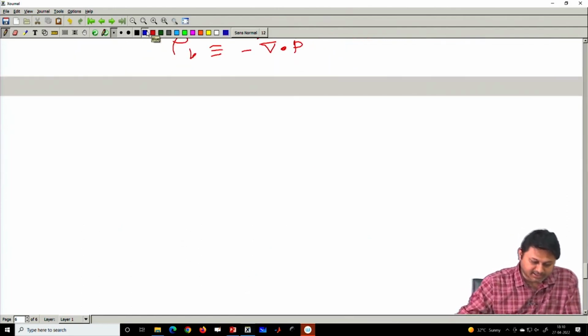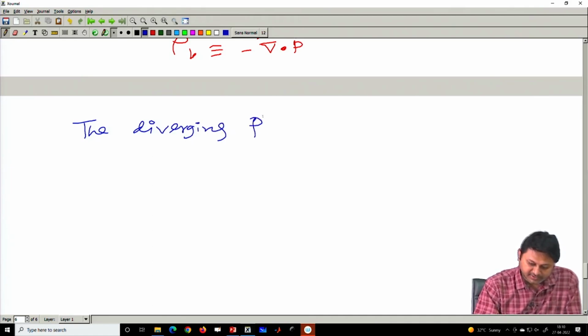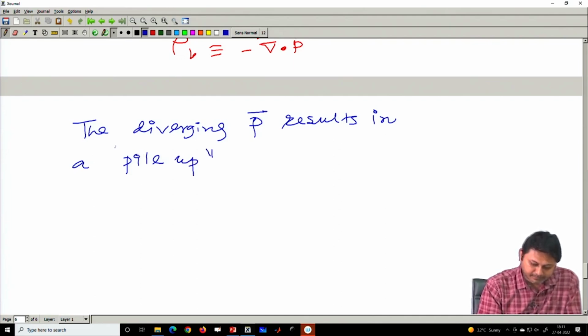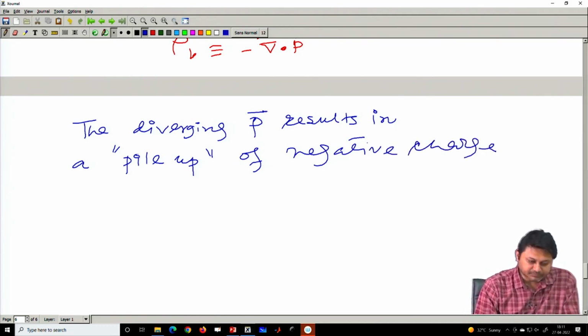So, what we are getting here is that the divergence of P results in a pile of negative charge as per the figure, and the density of this quantity is simply rho b.